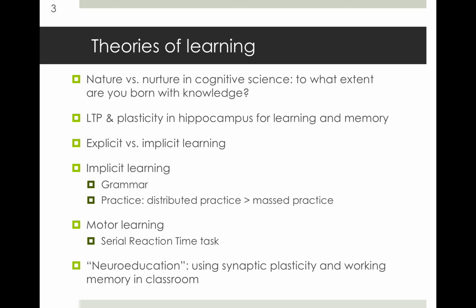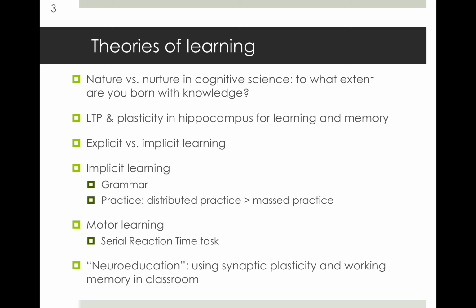And the nature-nurture debate in cognitive science is about to what extent you're born with knowledge, right? And this is something that modern cognitive scientists are still debating. It's one of those questions that never seems to find an answer. And of course, the right answer is probably somewhere in between, or both sides have some merit to it. But there are some people we call nativists who really think that you're born with certain types of knowledge.